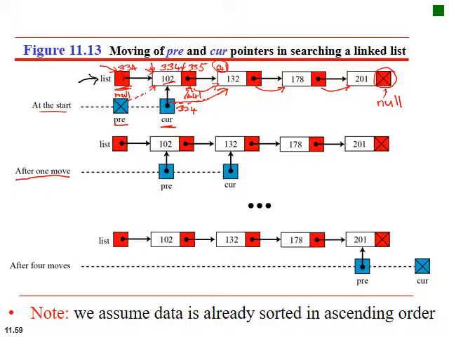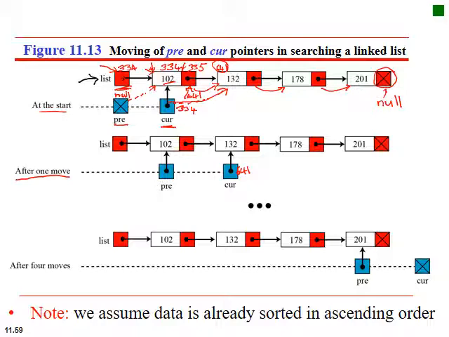So the current pointer now gets the address of the next node, so that it also points in this example to memory position 641 for argument's sake, and the pre-pointer simply will get the value of the current pointer.